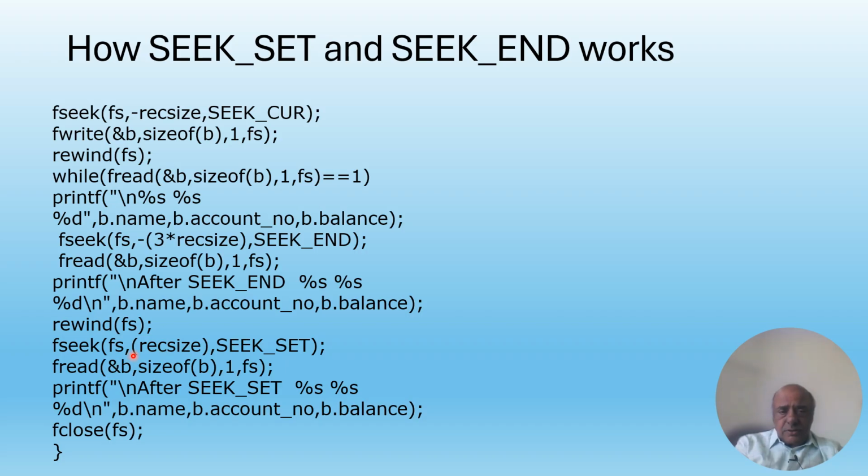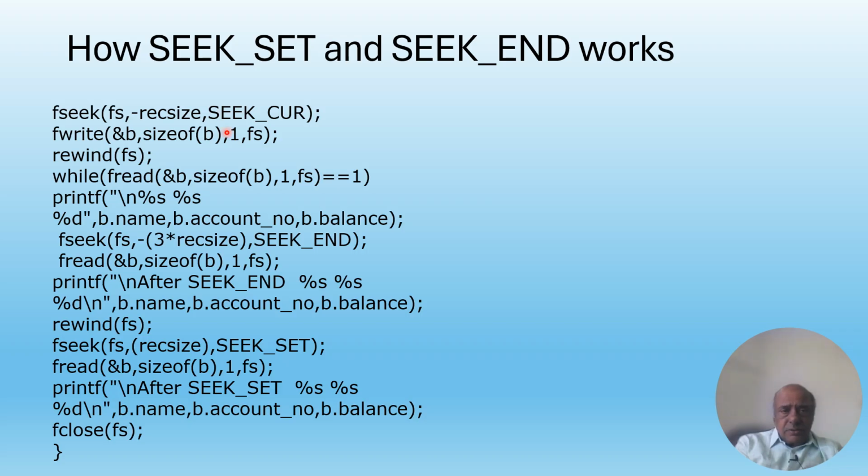Rec size gives us the number of bytes by which we want to move the pointer. By the SEEK_END macro, the pointer will move by the offset which we give in the fseek function. It will move the pointer from the end position to the required position, given as the value of offset in the fseek function.